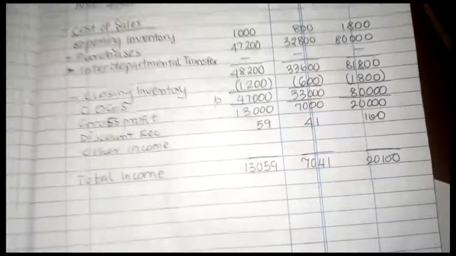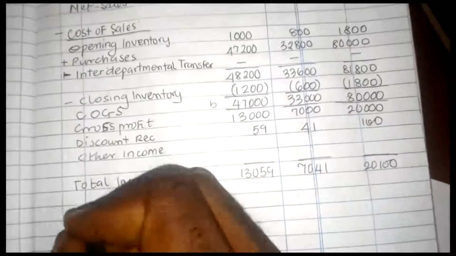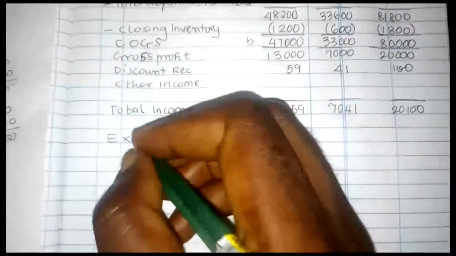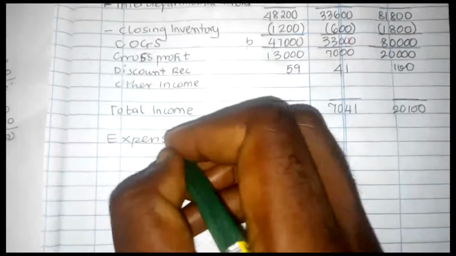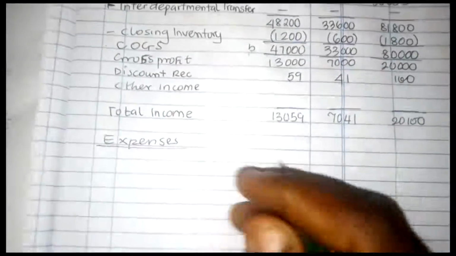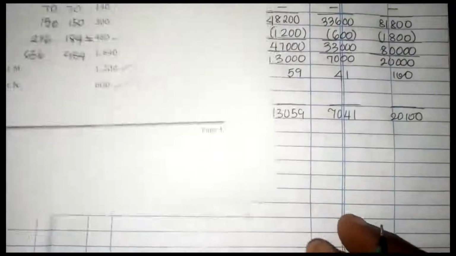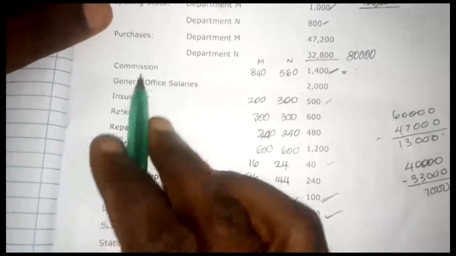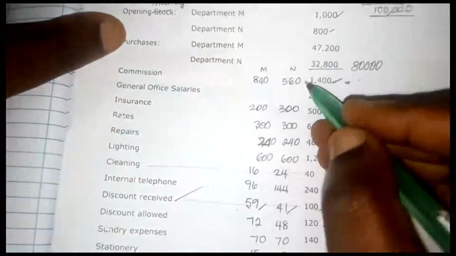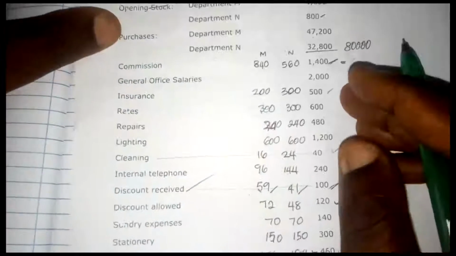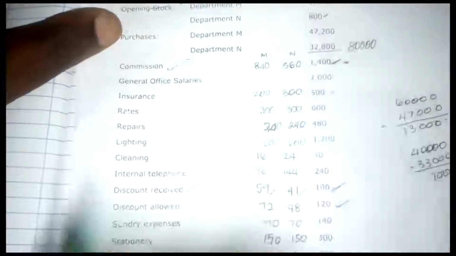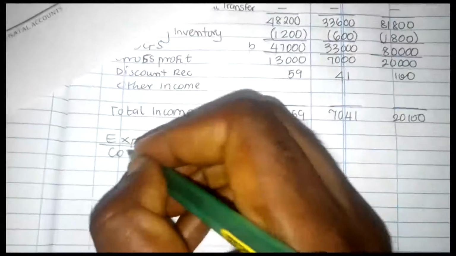Now the expenses. Now you can come and write your expenses. You post in your expenses. Let's record our expenses. I'm going to do just one for you. We have the commission. You start picking them one after the other. Don't mix it up. Commission. Okay, you tick. So you write commission.